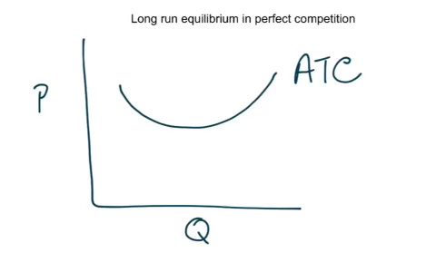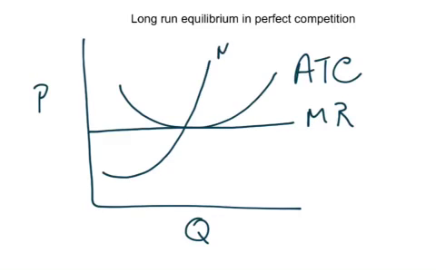And then, because firms will enter and exit the market while there's the draw of either the profit, which is the attraction, or if people are experiencing a loss, they get out of the business. So in long run equilibrium for perfect competition is when the marginal revenue curve is intersecting the marginal cost curve at the low point of the ATC.